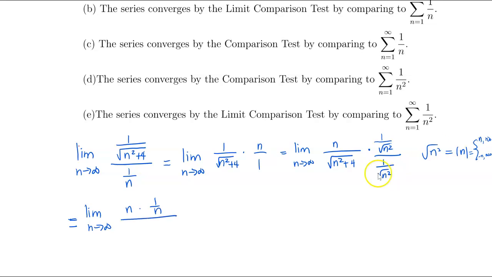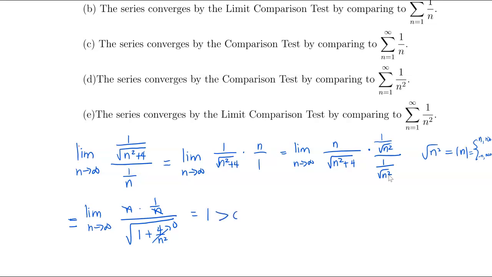And we replace this square root of n squared by n, because our n here approaches infinity. But for the denominator, we will divide each term here by n squared. So you'll have 1 plus 4 over n squared. That cancels. This goes to 0. So what's the answer here? The answer here is 1.